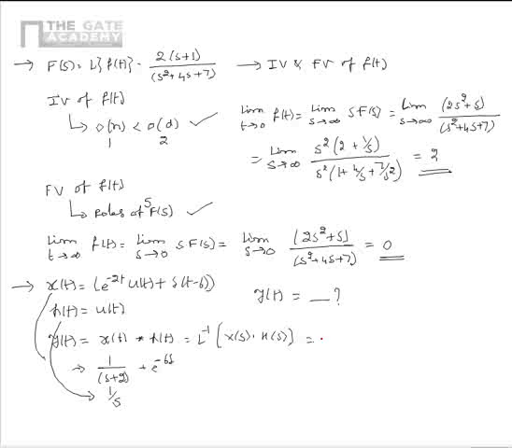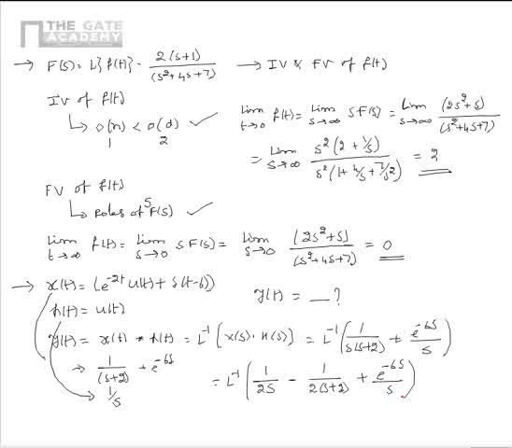So upon substitution and simplification, this becomes L inverse of 1 by s into s plus 2 plus e power minus 6s by s. This can be written as L inverse of 1 by 2s minus 1 by 2 into s plus 2 plus e power minus 6s by s.